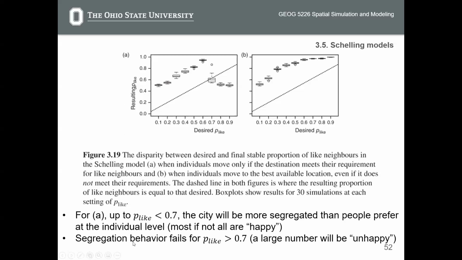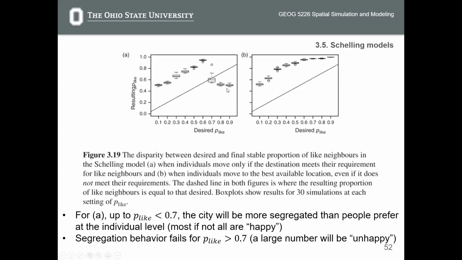Okay, segregation behavior fails for P-like larger than 0.7. A large number will be unhappy, which means that the resulting P-like is lower than desired P-like.